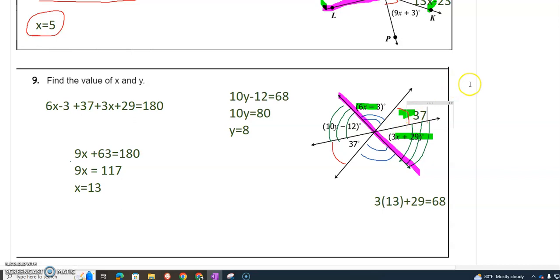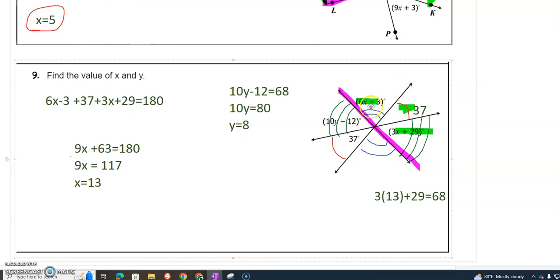So I just added essentially 6x minus 3 plus the 37 plus the 3x plus 29 and set it equal to 180. Solved to get x equals 13.